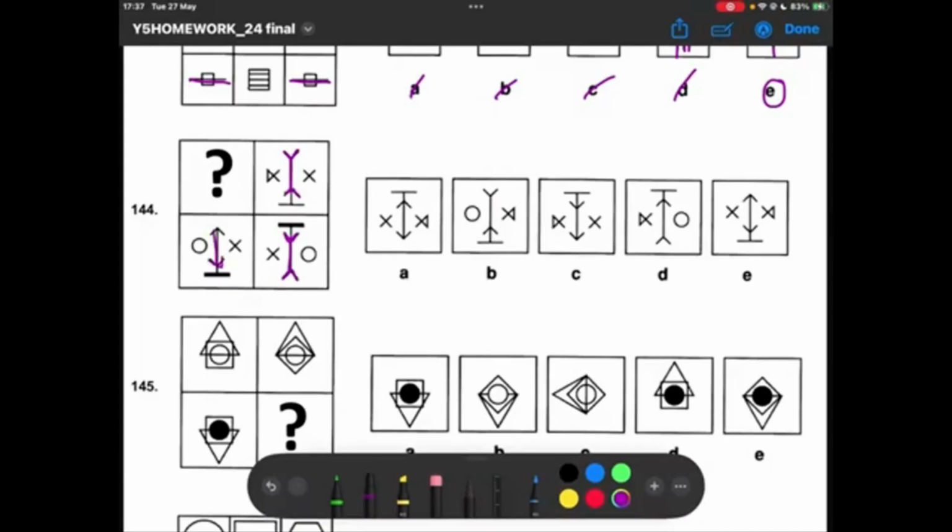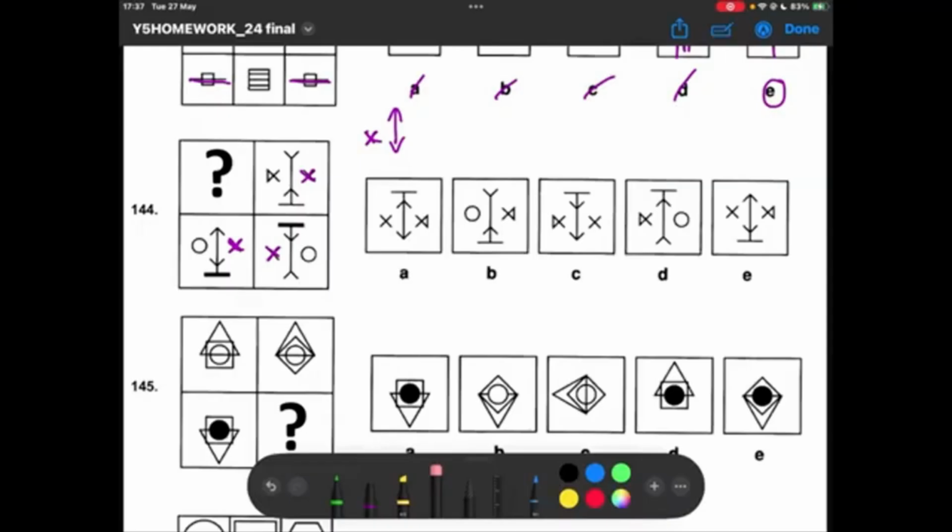So this is going to stay the same. I'm just going to draw it up here. That's going to stay the same. Next, the X switches to the opposite side. It was on the right side, so it's now going to be on the left side.